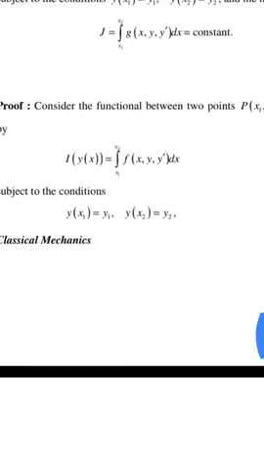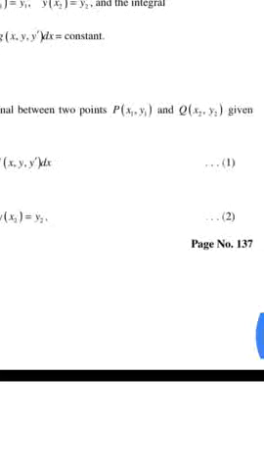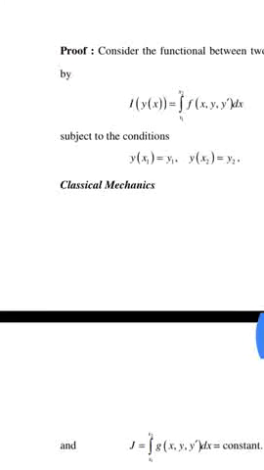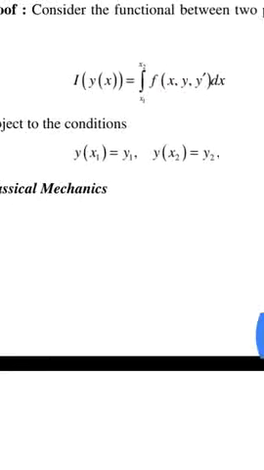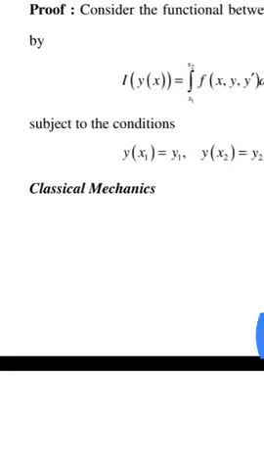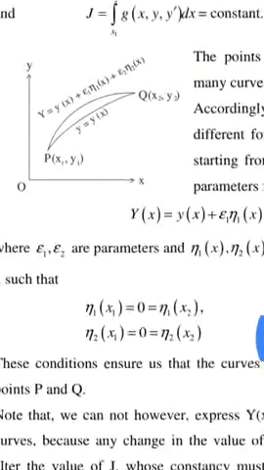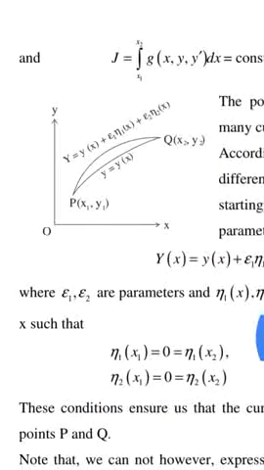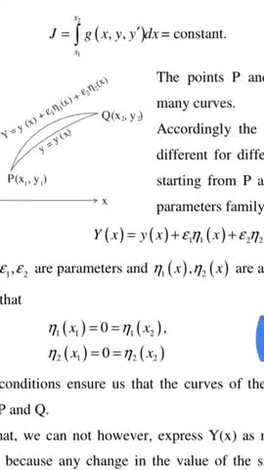For proof, consider the functional between 2 points P of x1, y1 and Q of x2, y2 given by I of y of x is equal to the integral from x1 to x2 of f of x, y, y dash dx, subject to the condition y of x1 is equal to y1 and y of x2 is equal to y2, and J is equal to the integral from x1 to x2 of g of x, y, y dash dx is equal to a constant.